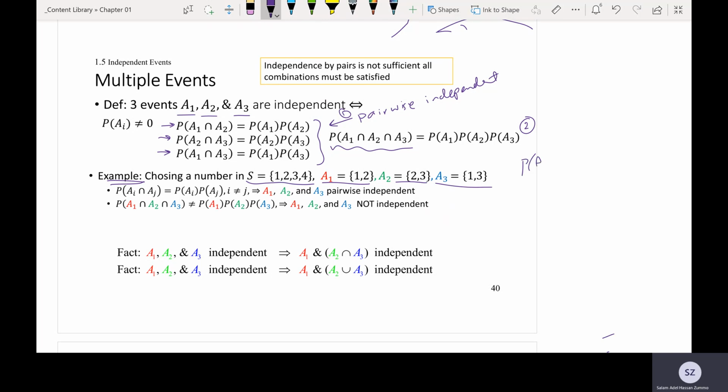What is the probability of A1? 2 over 4, right? Probability of A2. Probability of A3. 2 over 4.